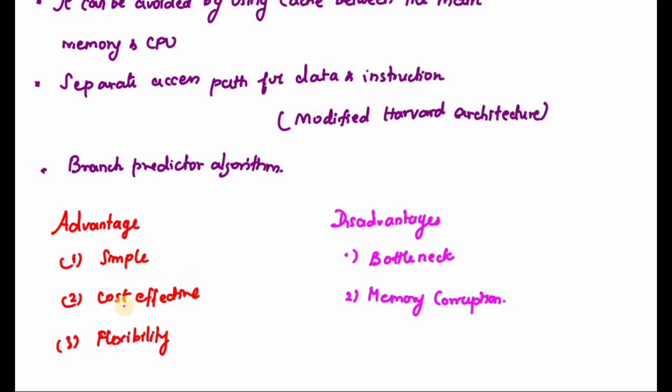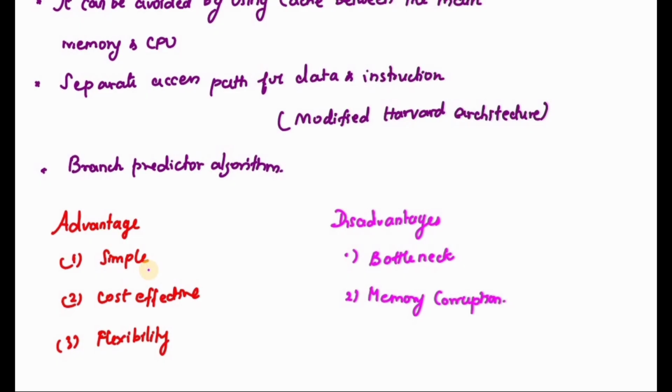Therefore, it is cost effective, and it offers very good flexibility. What does flexibility mean? Here the program can always be changed or altered without changing any underlying physical aspects such as circuitry.